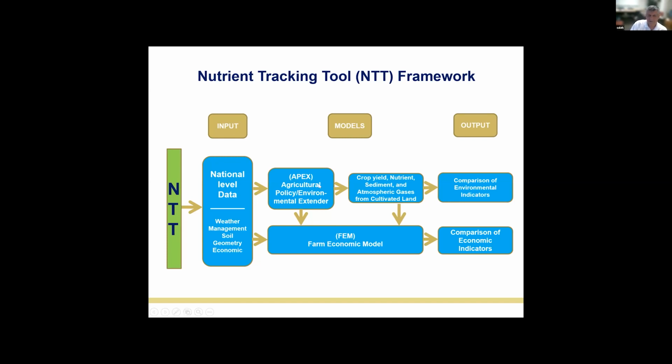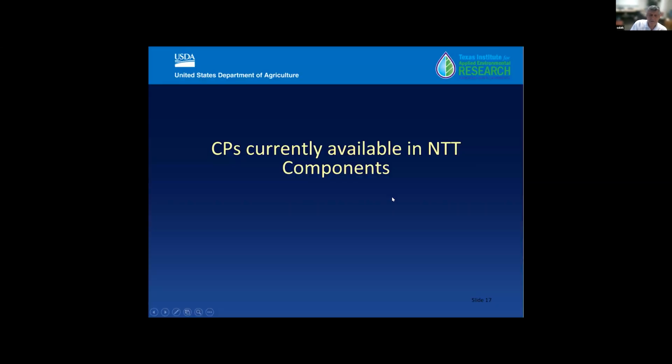APEX runs different agricultural policies, crop yields, nutrients, conservation practices and current conditions, and passes the information to FEM. FEM does the analysis and gives us the comparison of economic indicators, while APEX itself gives the comparison of environmental indicators. I will show you a little more of this throughout this presentation.